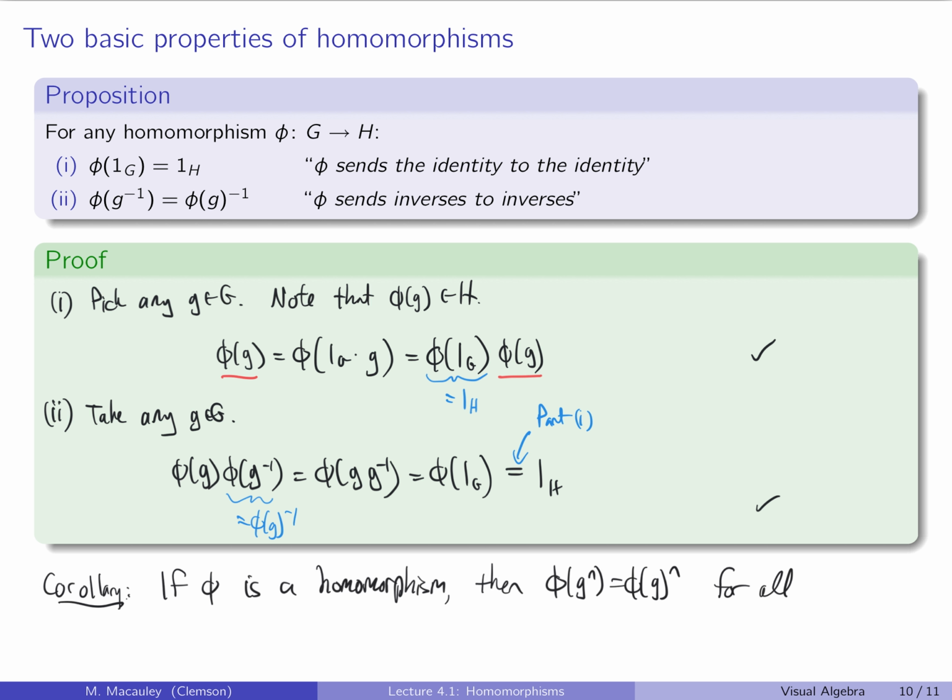But from part 2, now we know that it holds for negative integers as well. So for all n in the set of integers Z.